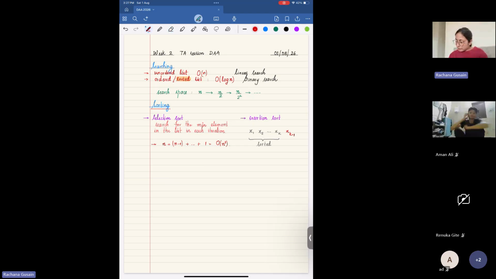The first step takes order one time, then two comparisons, and so on up to n minus 1 comparisons, which will be n into n minus 1 by 2, which is order n squared. So I hope this selection sort and insertion sort is clear to all.